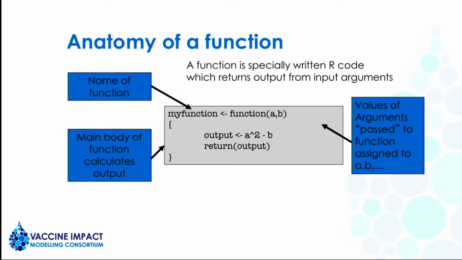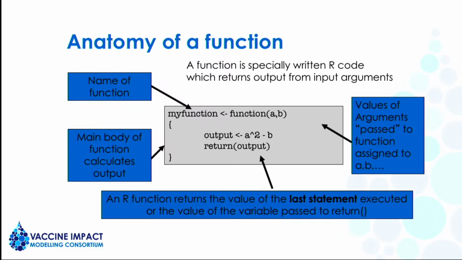When the user uses this new function, my function, it will take the value of the first argument and call it A, and it will take the value of the second argument and call it B. So it's making two new variables which only exist within the body of this function, and they can then be used for a calculation here. Just square the value of A, subtract B.